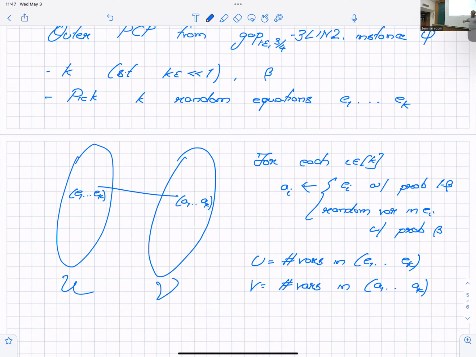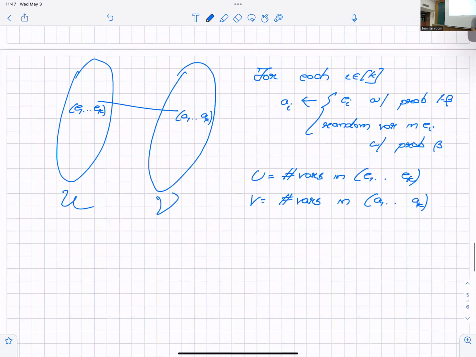Therefore, U is the variables, and the size of U will typically, for most cases, be 3K. It will exactly involve 3K variables.